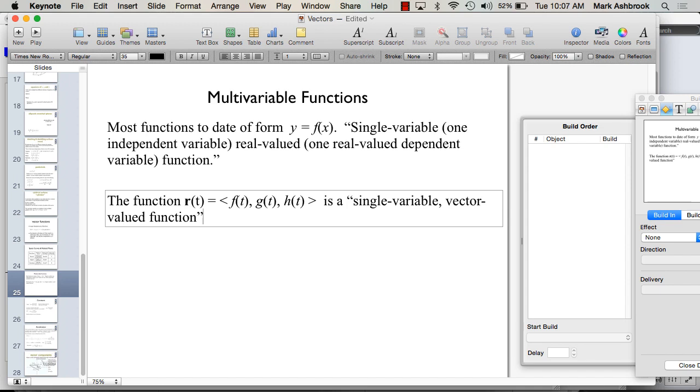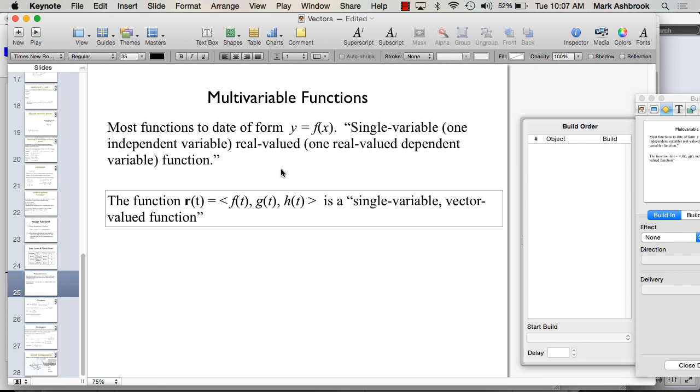Why? Because one single variable t, and for every t, what do we get? We get a vector, not a real number anymore. That goes for whether it's an R2 vector or R3 vector. Doesn't matter. That's a single variable vector valued function.